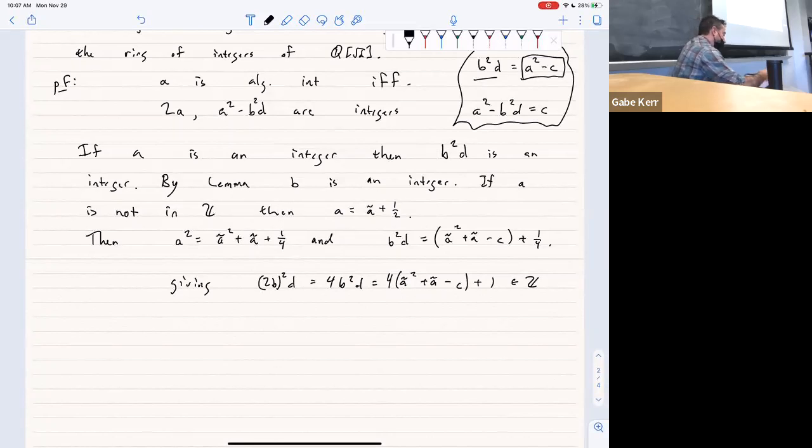Now we have this lemma that said that if I have a rational squared times an integer, then that rational has to be an integer. Again, by lemma, 2b is an integer.